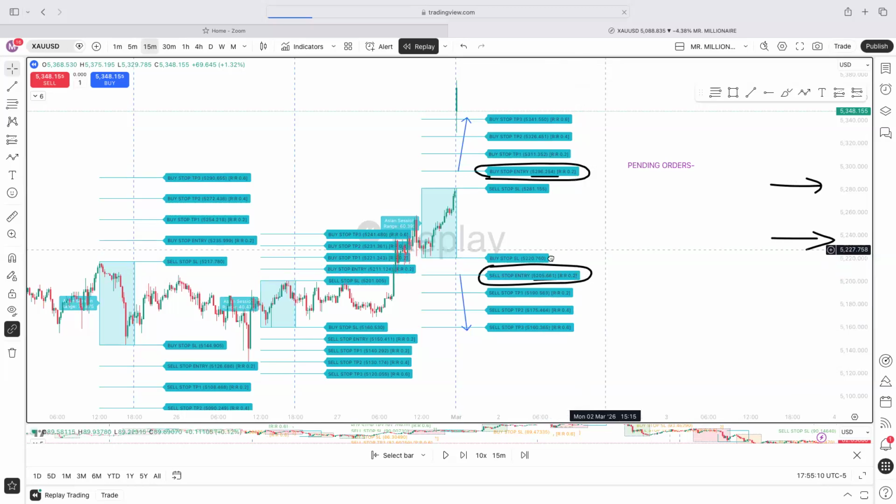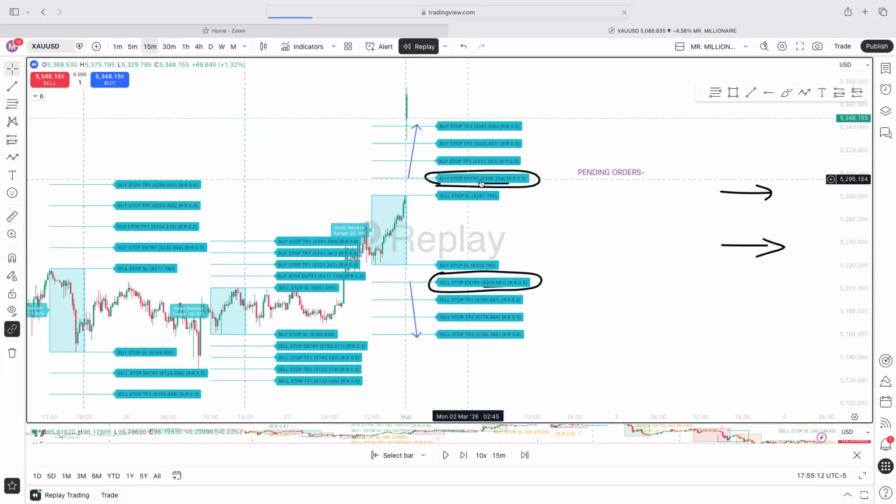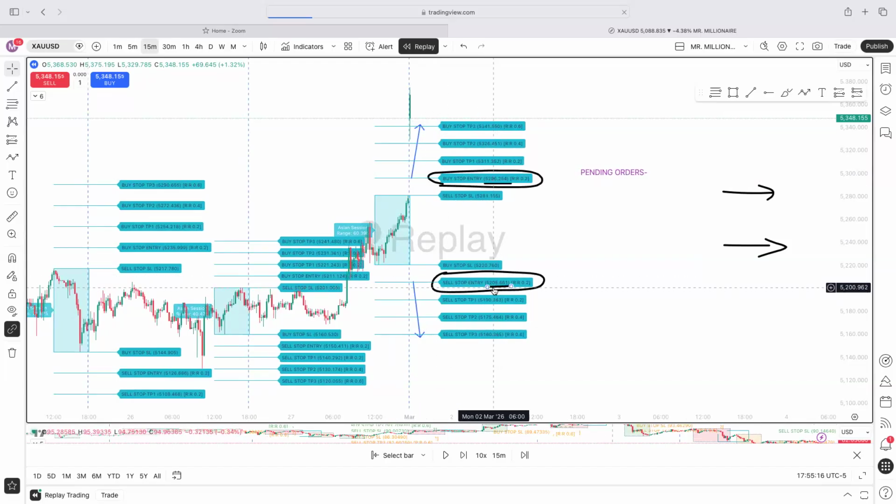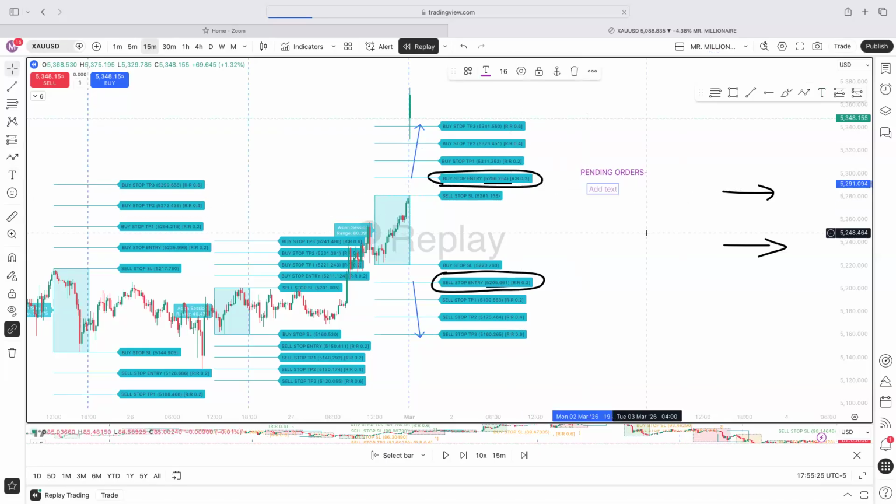So how does it work from there? Once you see your buy stop entry and your sell stop entry, the next thing we want to do is identify two other areas. One of those areas is going to be, where do I take profit? And another one of those areas is going to be, where do I exit in a loss, which is called stop loss.